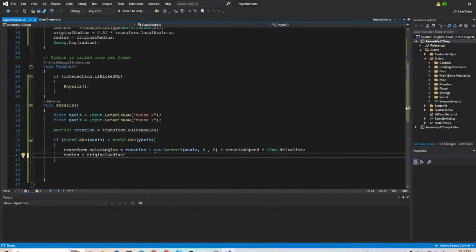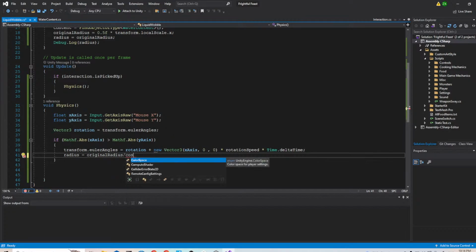Adjacent over hypotenuse, that's cos. Cos theta is equal to adjacent over hypotenuse, which is the original radius over the radius. So therefore the radius is equal to the original radius over cos of the angle.